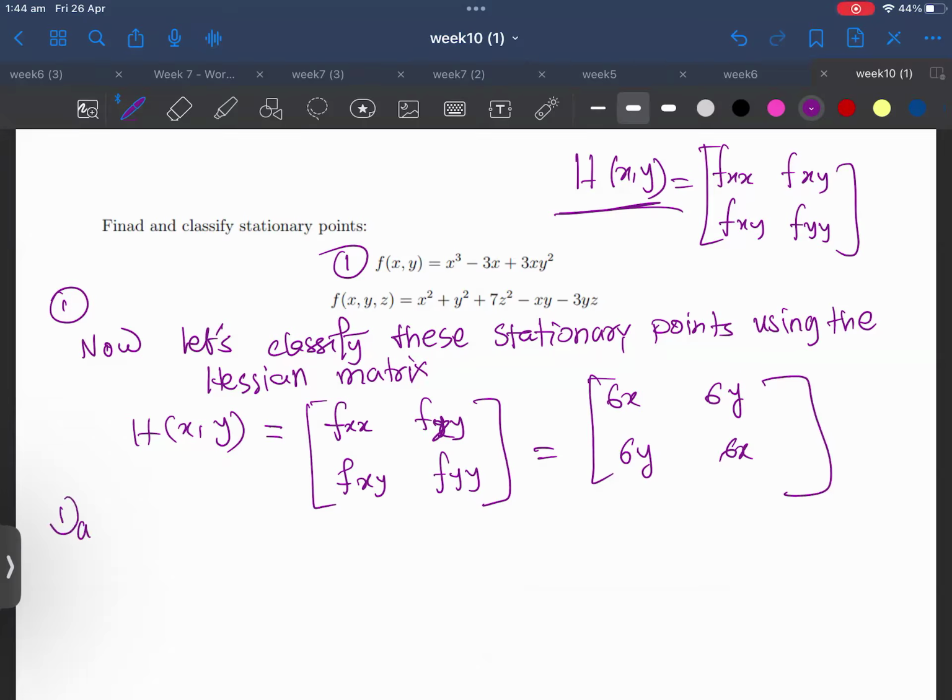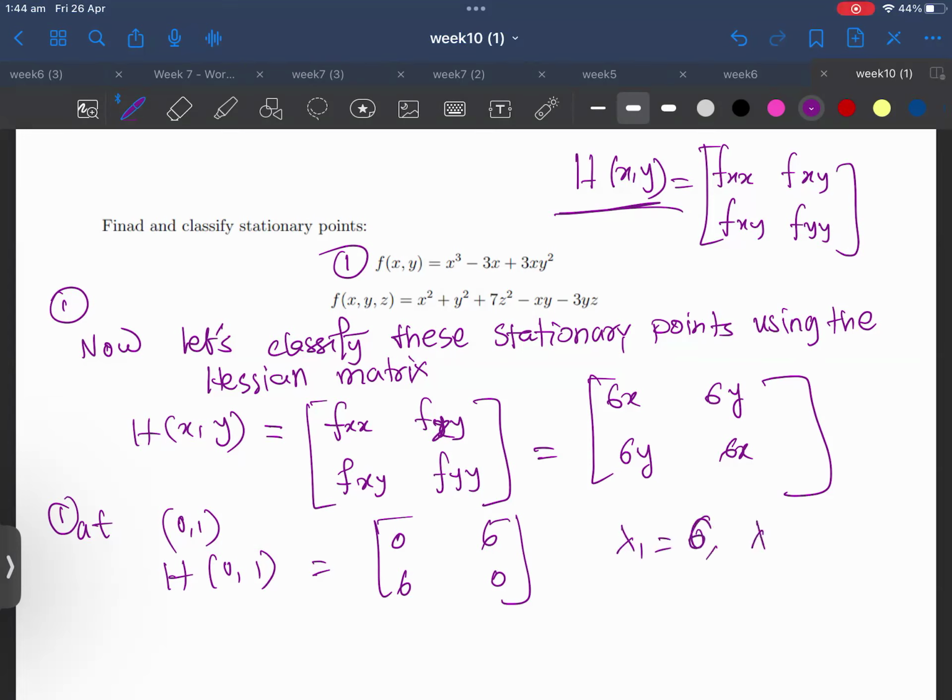So at 0, 1, the Hessian matrix will give you 0, 6, 6, 0. So you have two eigenvalues, lambda 1 equal to 6, lambda 2 equal to minus 6, so they have different sign.